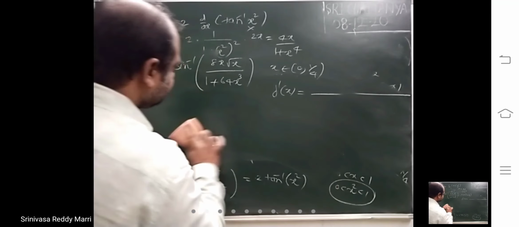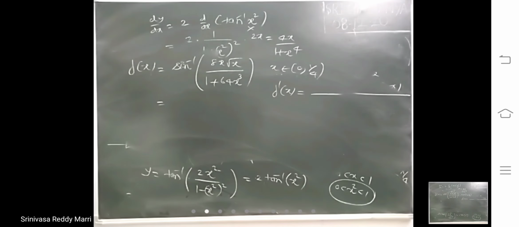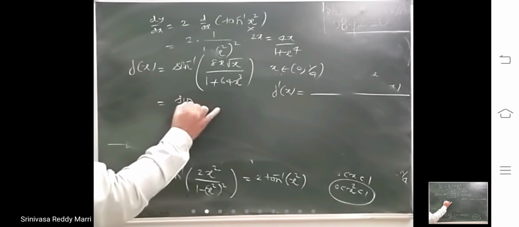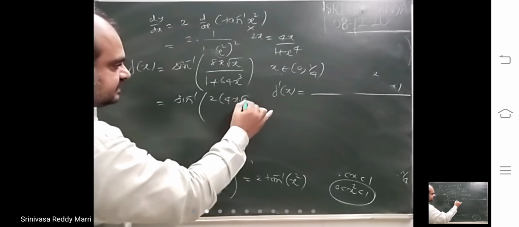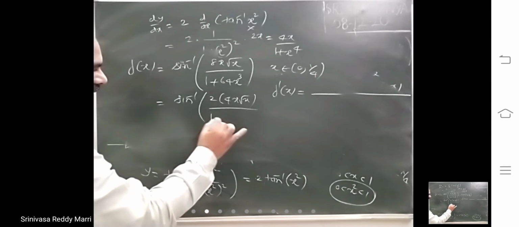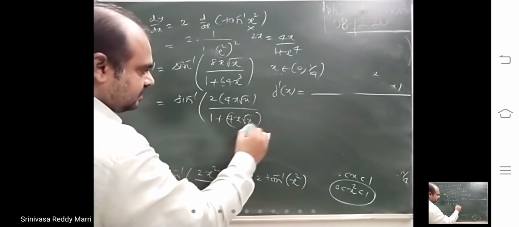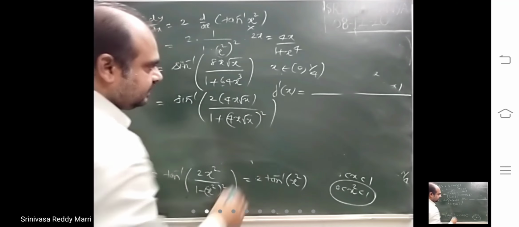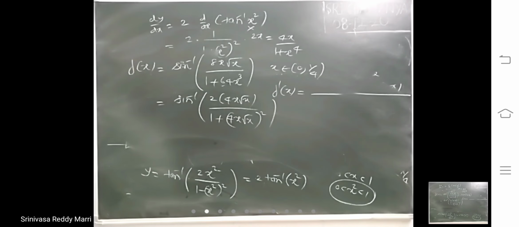Look, it can be identified with the form sine inverse 2x divided by 1 plus x square. Here 2 into 4x root x divided by 1 plus, and 64x cube can be written as 4x root x whole square.